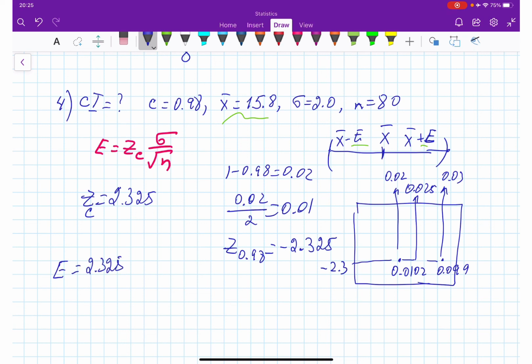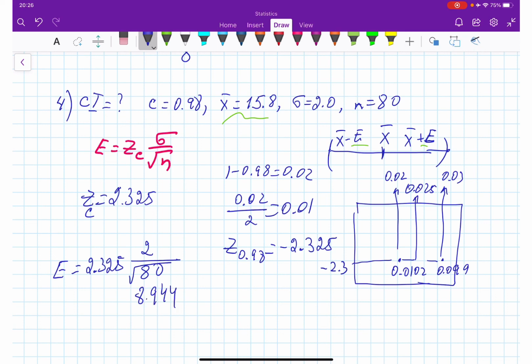Okay, let's plug in. The margin of error is equal to 2.325 times sigma is 2, n is 80, square root of 80. Let's find out square root of 80. It's 8.944.